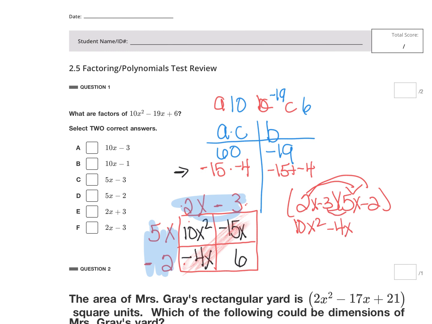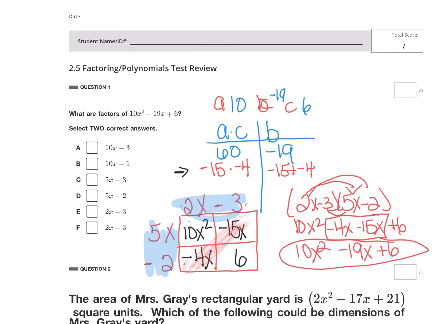Negative 3 times 5x is negative 15x. And then the outer, negative 3 times negative 2 is positive 6. Now I'm going to combine like terms. So negative 4x minus 15x is negative 19x. And then I'm going to bring down my 6 and bring down my 10x squared. And these match.